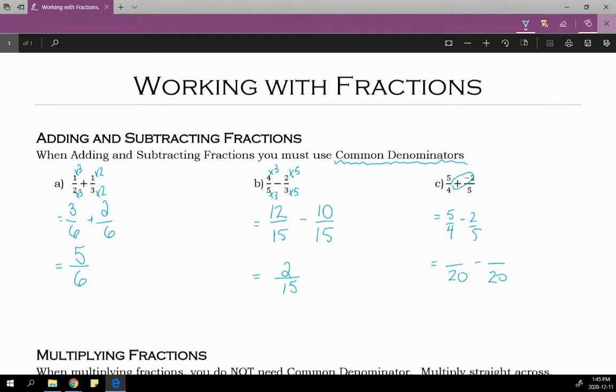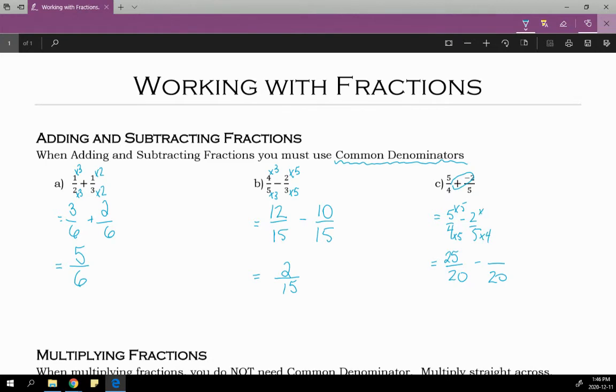Okay, so to make my denominator of 4 into the denominator of 20, I need to multiply by 5. And then I also need to multiply my numerator by 5. So 5 times 5 is 25. Okay, again here with subtracting 2 fifths, if I want to turn the 5 in my denominator into a denominator of 20, I would have to multiply that by 4.